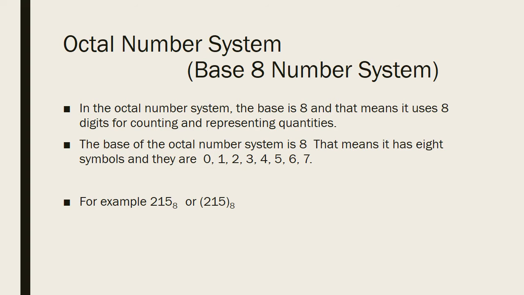That means it uses 8 digits for counting and representing quantities, and these digits are 0, 1, 2, 3, 4, 5, 6 and 7. We don't have 8 and 9 here. The quantities here are represented as 215 with the base as 8, or inside the small brackets you can write 215 with base 8 outside the brackets.